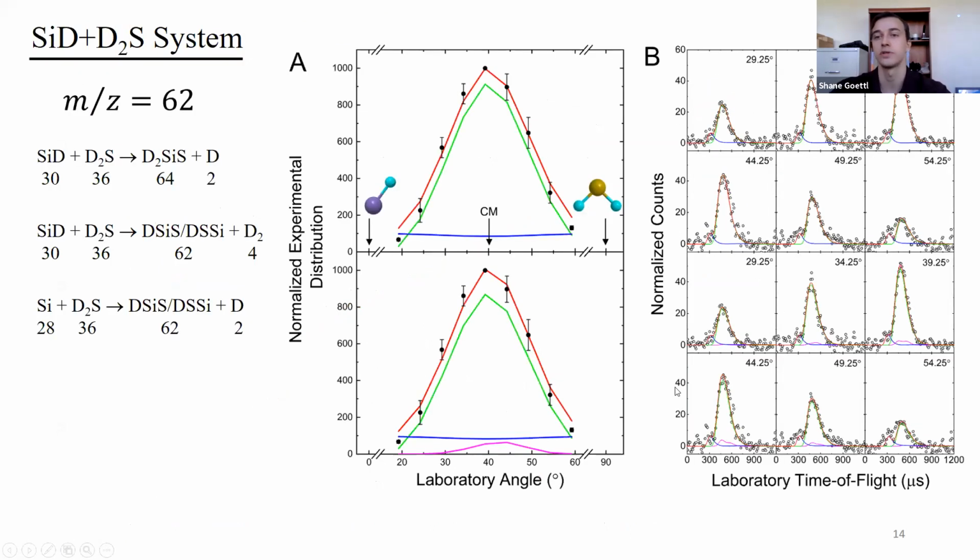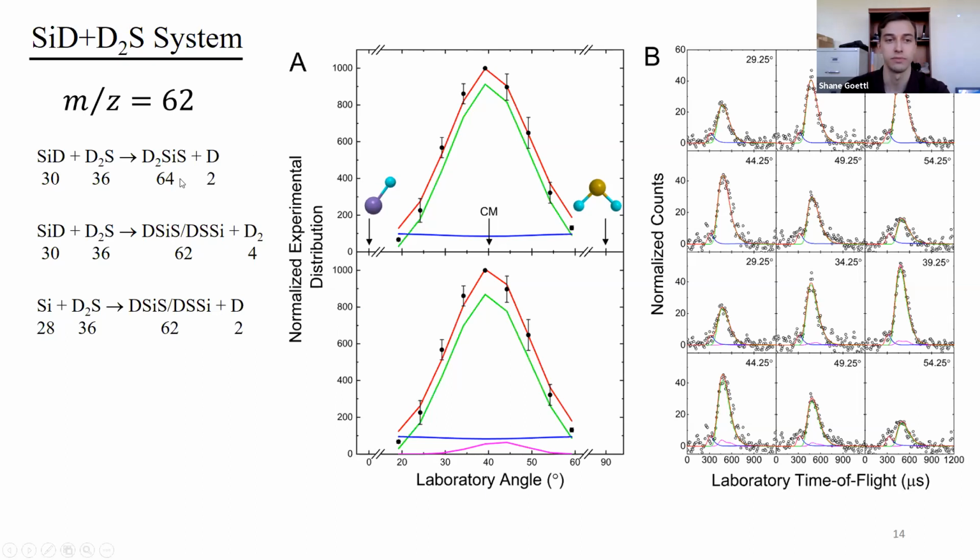So now let's move on to the second system, SiD plus D2S. First, we tried to collect data at mass to charge 64. However, there was really high background, so we could not do this. But then we took data at mass to charge 62. However, there are 3 possible contributing reactions here.